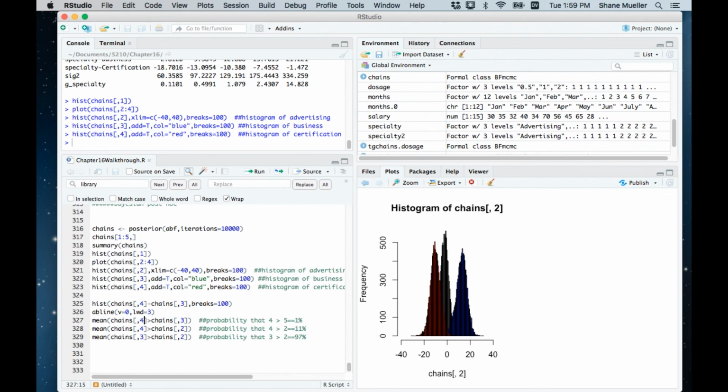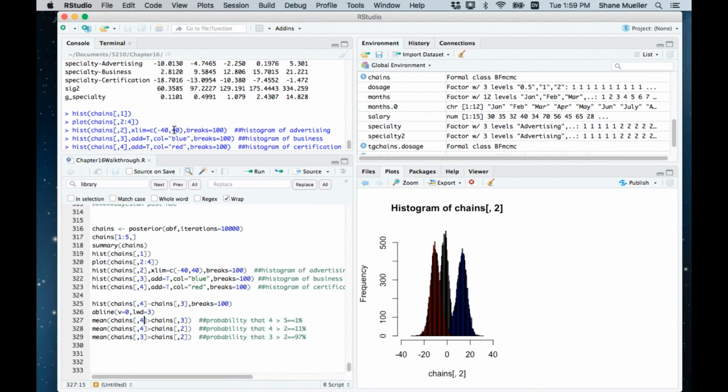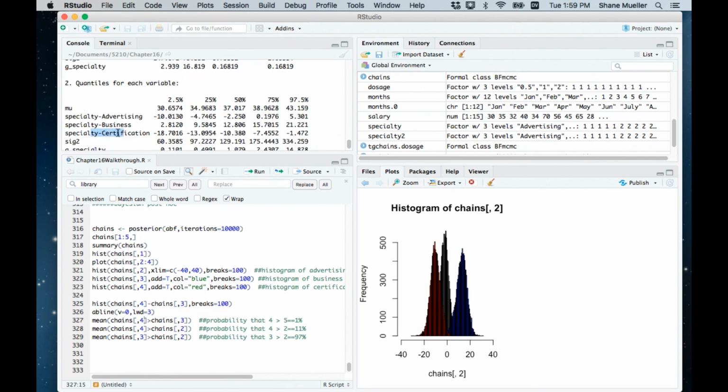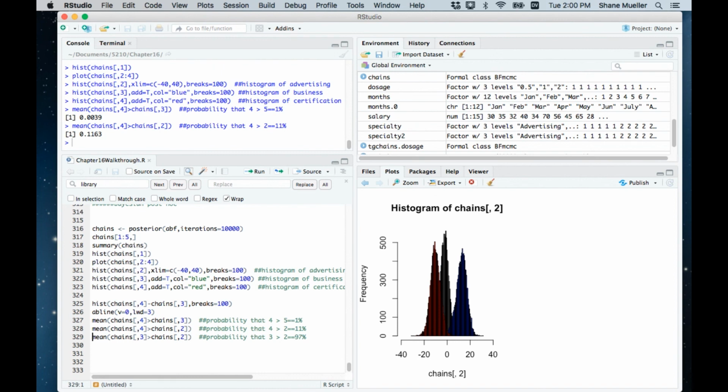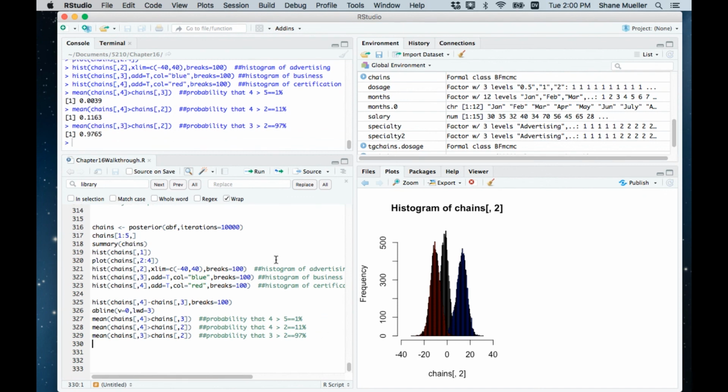If we look up here, 1, 2, 3, 4, 4 is certification, 3 is business, and we can see that only 0.03% of the time was certification higher than business in its posterior distributions. Here, 4 was greater than 2 91% of the time, so maybe that's not really high confidence. And here, it's 97% of the time that 3 was greater than 2. So this is higher confidence.